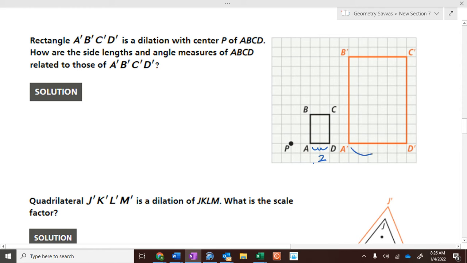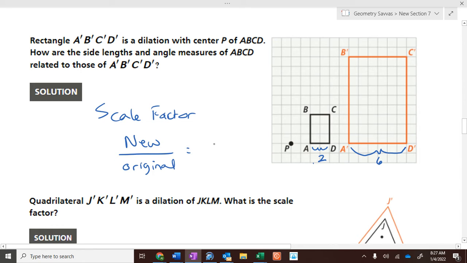How far is it from A prime to D prime here? 6. Okay, so to figure out the scale factor is new over original. The scale factor is always the new over the original.